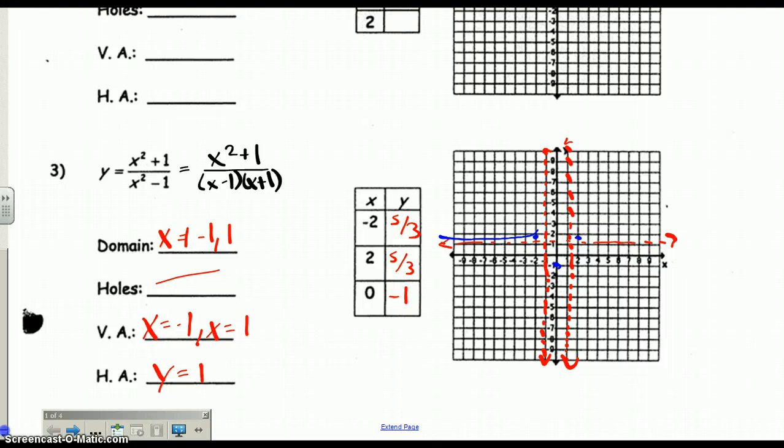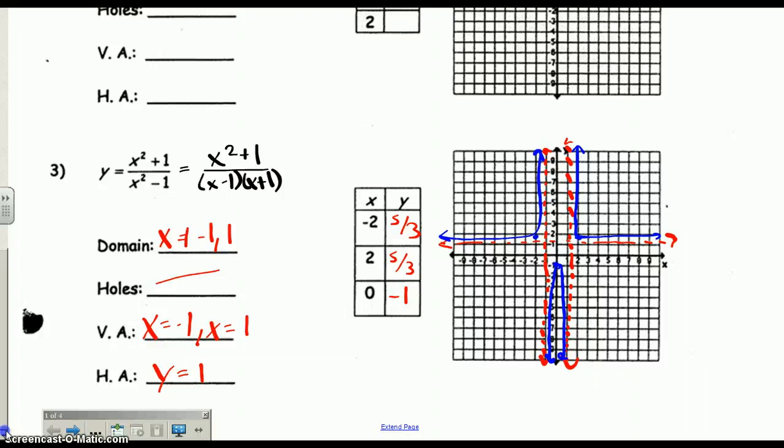Well, in this case, there's 3 open areas between the asymptotes. So we have one going right there. We have one small one right in between these vertical asymptotes. And then our last one is right here. Okay, so that's our graph there. So all you really need is 1 point to figure out what the graph looks like.